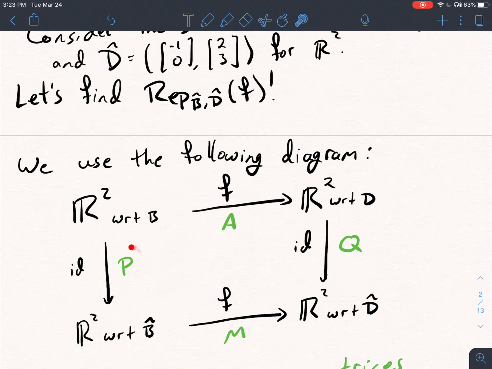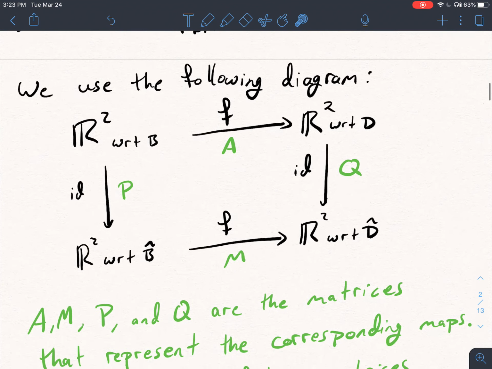So this matrix P will be the change of basis matrix for the identity map with respect to B and B hat. And similarly over here, Q will be the other change of basis matrix, now thinking of R2 as being the codomain of F. So Q is going to represent the identity with respect to D and D hat.